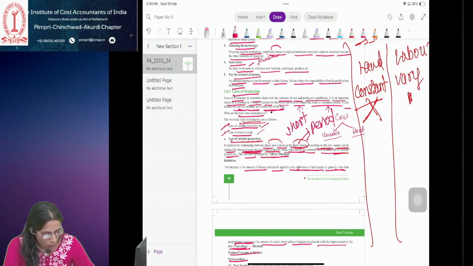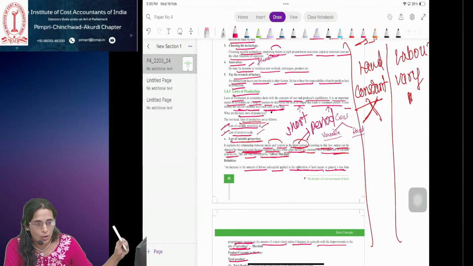According to this law, output can be changed by changing some variable factors, while other factors are constant. What they are saying is that one factor we will be changing, and other factors will remain constant.